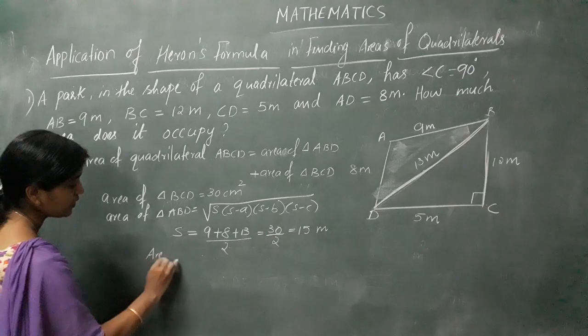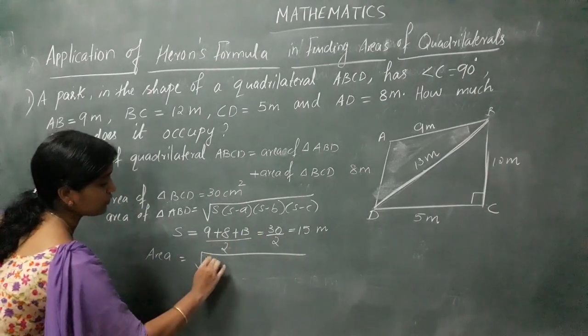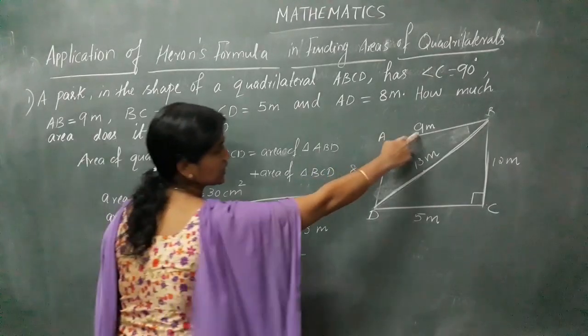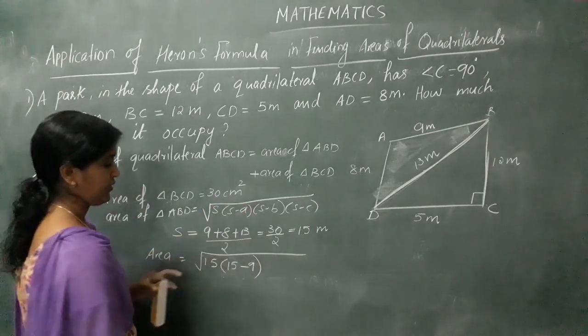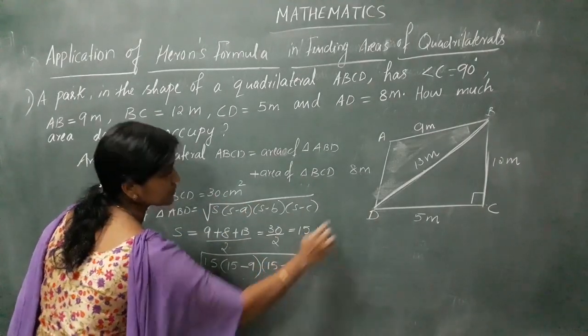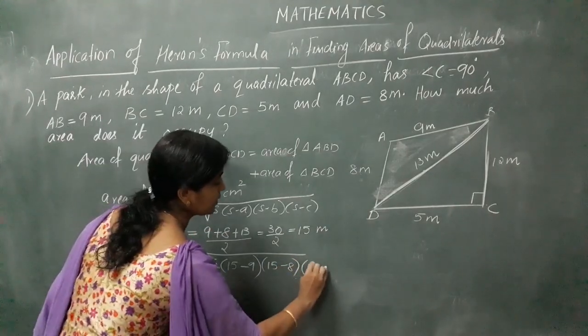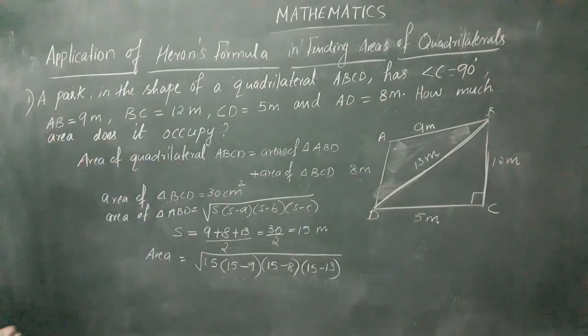So area is equal to, what is it? S is 15. 15 into 15 minus A. Anything, we'll take A as 9. 15 minus 9. Then 15 minus, the next measurement is 8. Next 15 minus, it is 13. Next measurement is 13. Clear now?